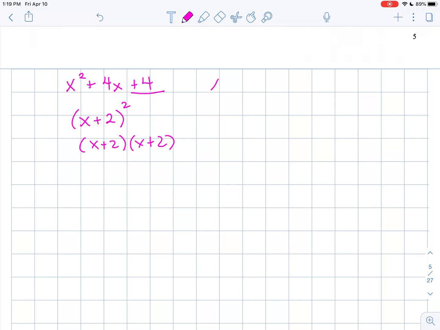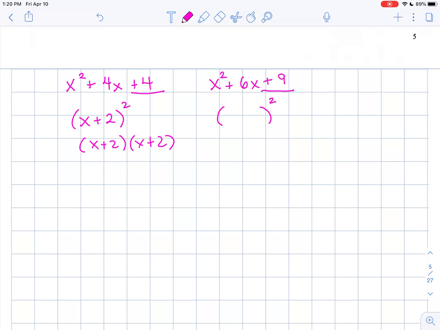There's a relationship that I don't want to tell you yet until we go through this a little more, to see if you can figure out the pattern. If I wanted x squared plus 6x and to make that a perfect square trinomial so that I can factor it as x plus something times x plus something, what would the value be?